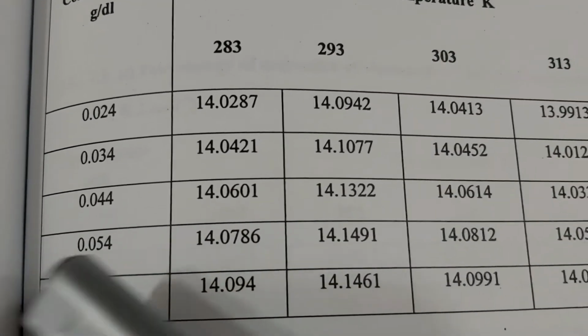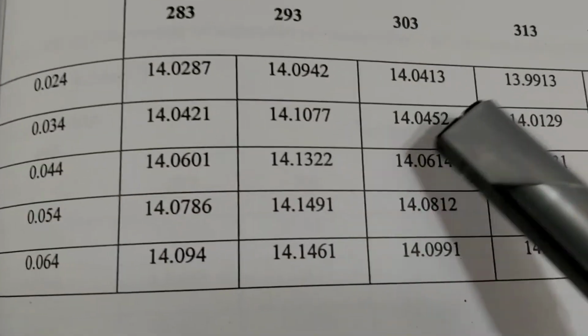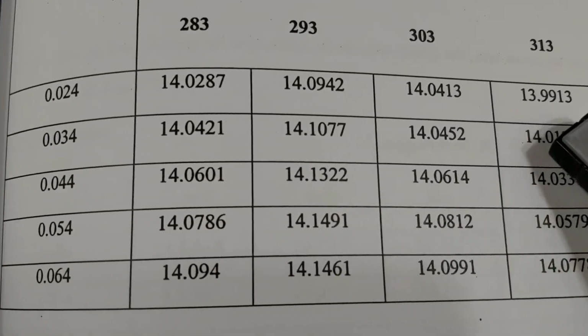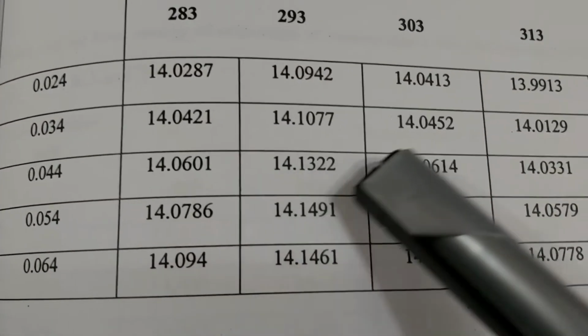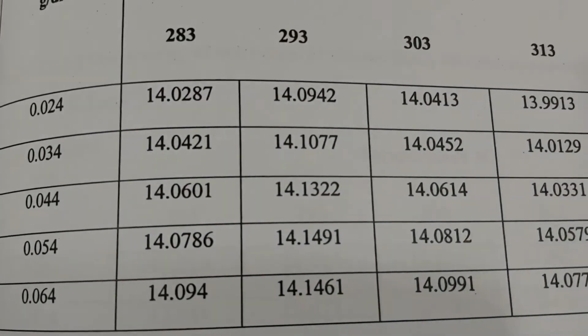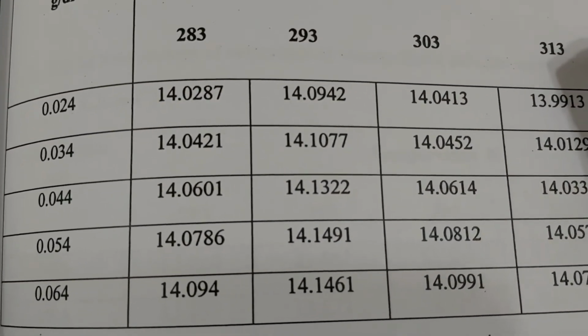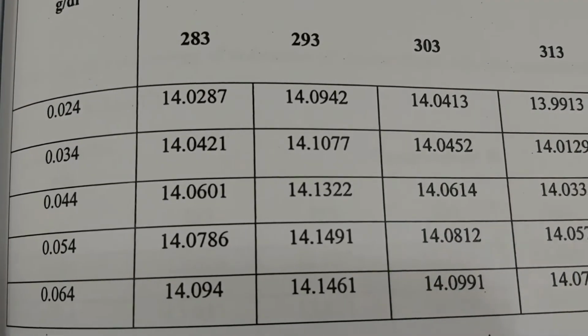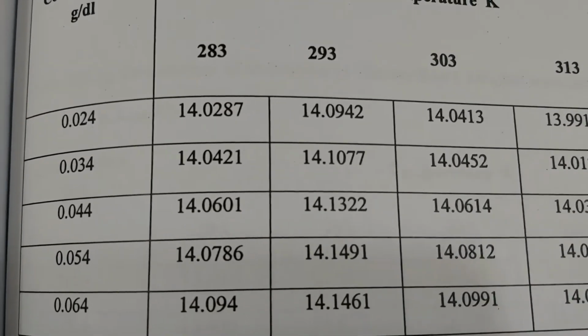The increase of delta GV with the rise in temperature simply indicates that shape conversion of the polymer molecule takes place during the flow process.